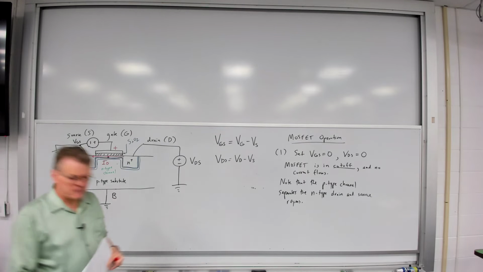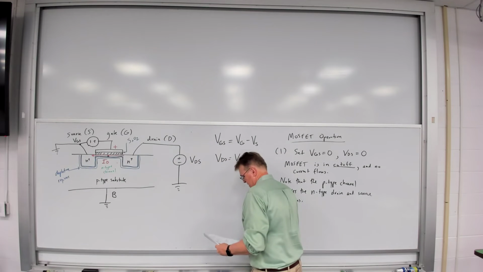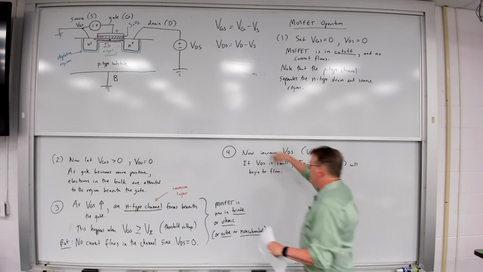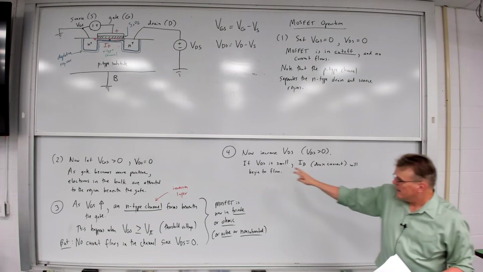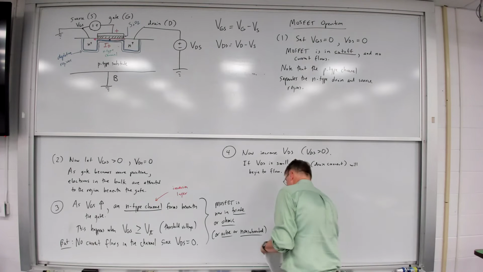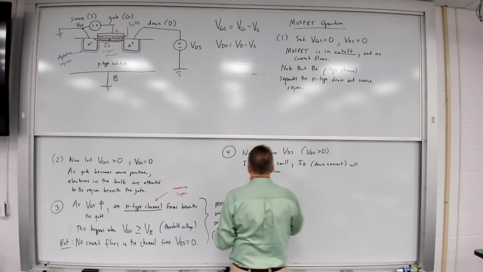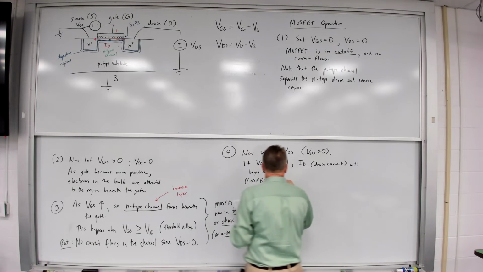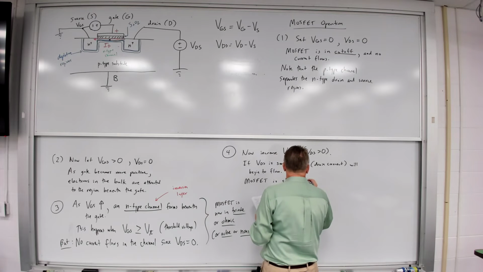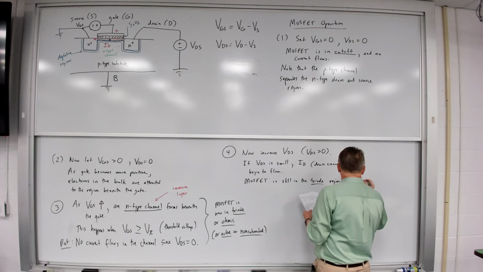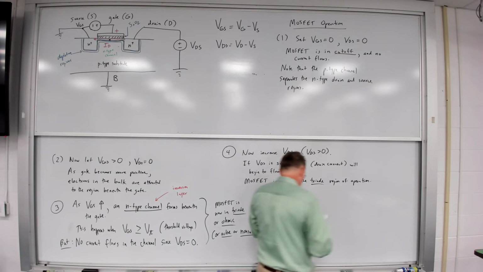So pretty basic. Now, as part of this, current is flowing, but we're still in the triode region. So we're in the triode region of operation.